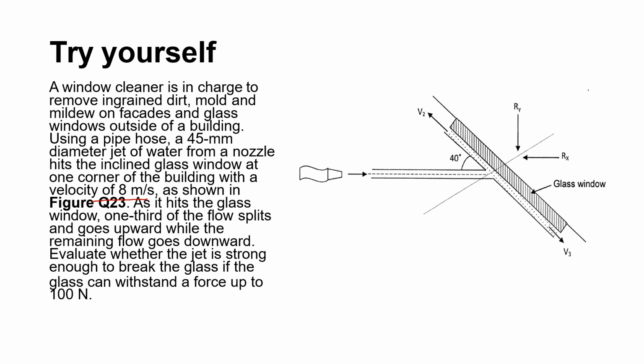So dia dah bagi tahu 1/3 daripada flow Q ke atas, ke bawah 2/3 daripada flow Q. Then we need to evaluate whether the jet is strong enough to break the glass if the glass can withstand a force up to 100 Newton.